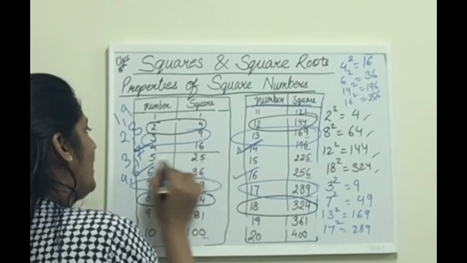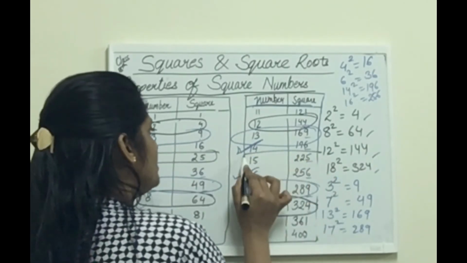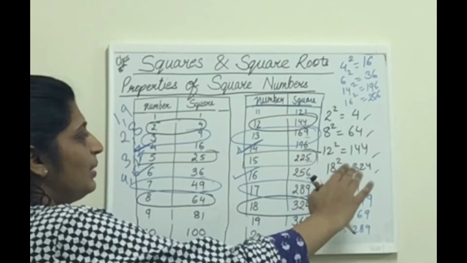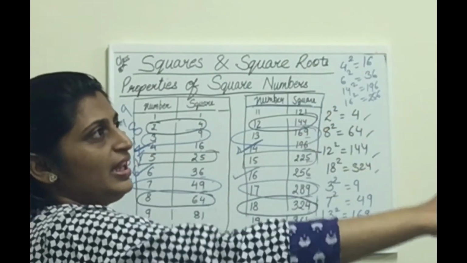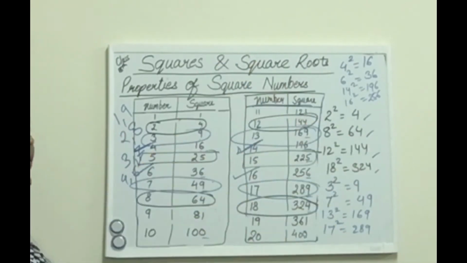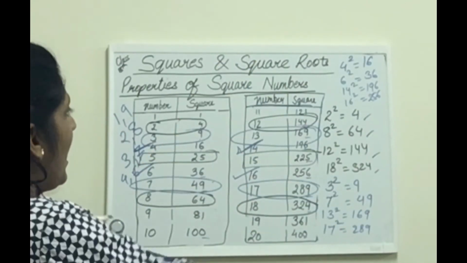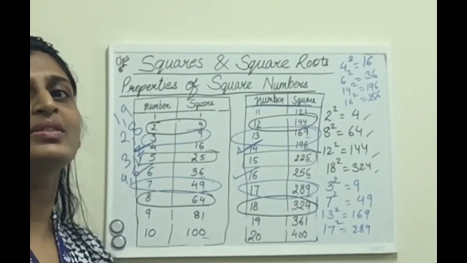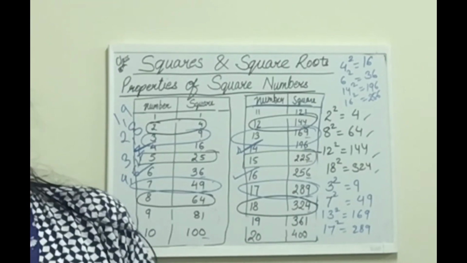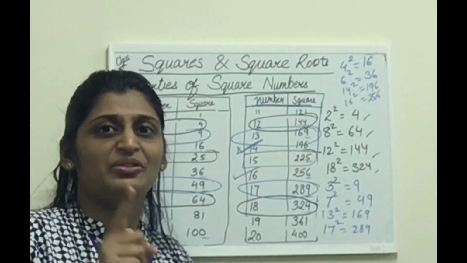number 5, number 15, number 25, number 35, 45, 55, 65, 75, 85 and all which end with 5, the square of that number will also end with 5.